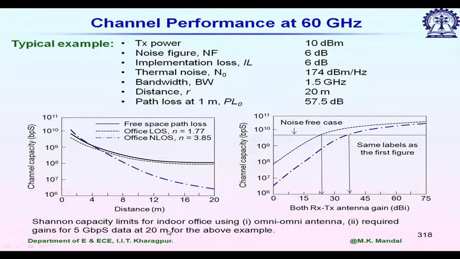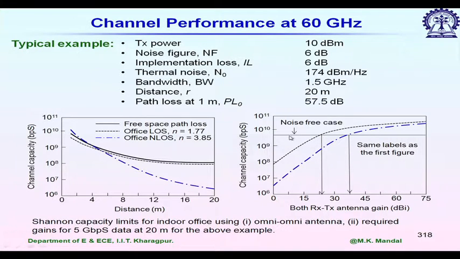Considering the specifications given above, the only thing we change is the receive and transmit antenna gain, and we assume the receive and transmit antennas have the same gain value. If we need to maintain this 5 Gbps data rate at 20 meter, we have to maintain the transmitter and receiver gain value, the typical gain value given by these curves. For example, let us say n equal to 1.77, this black dotted line.